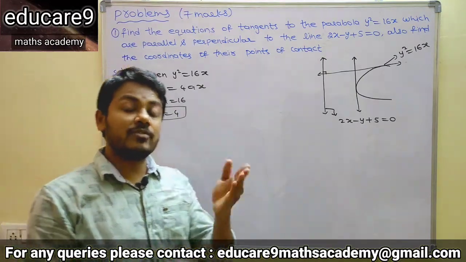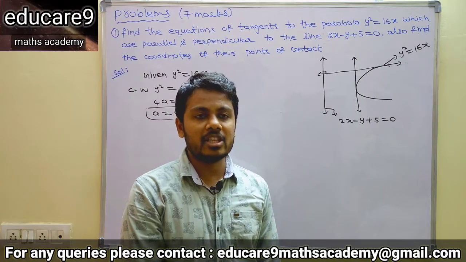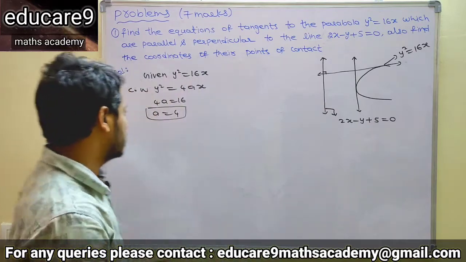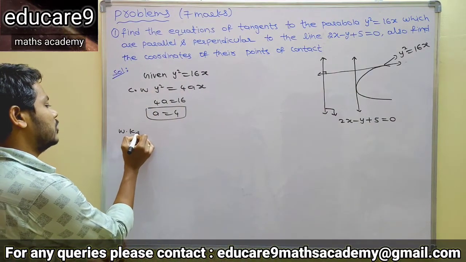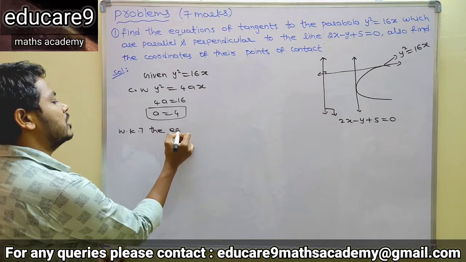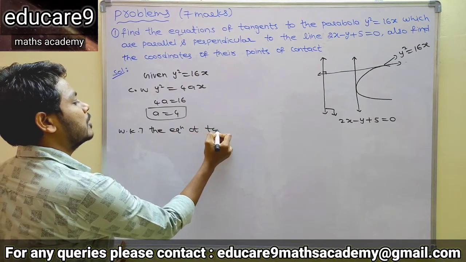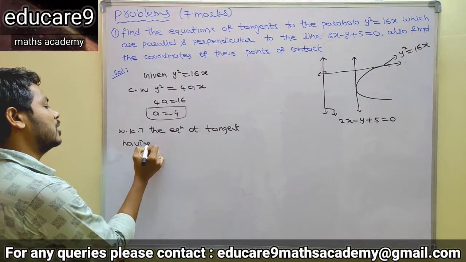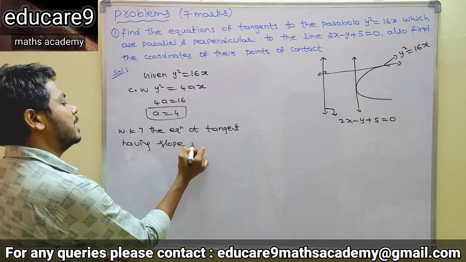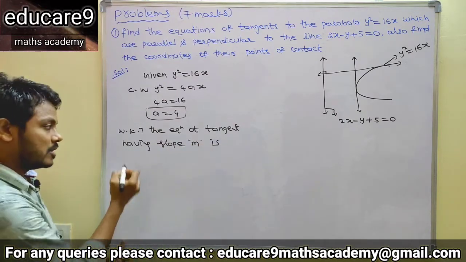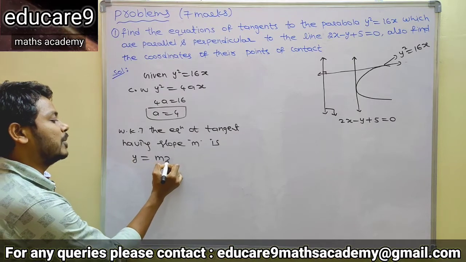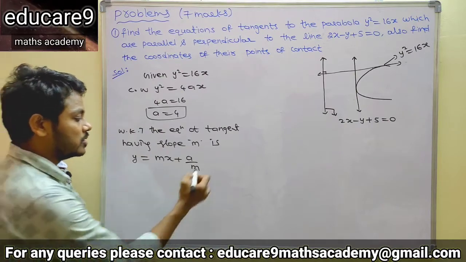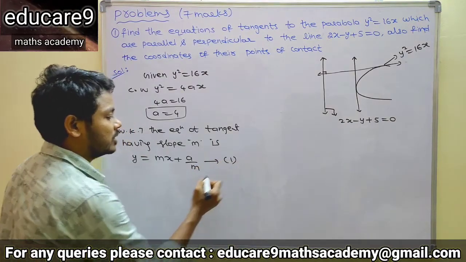You know that the equation of the tangent having slope m is y is equal to mx plus a by m. So this is equation 1.